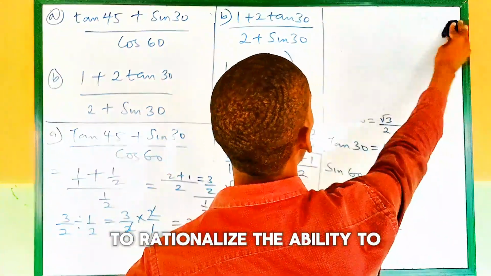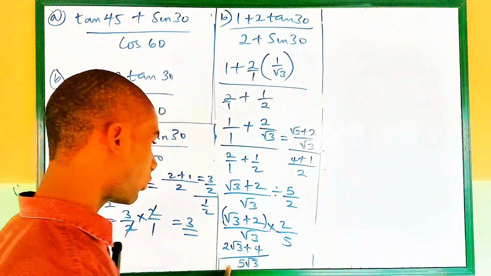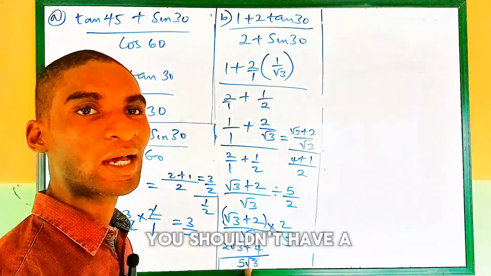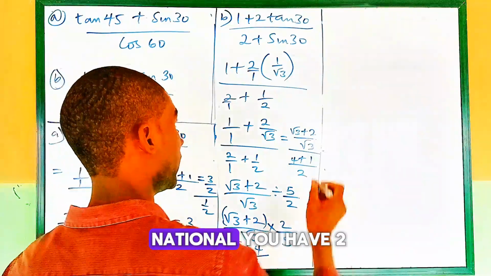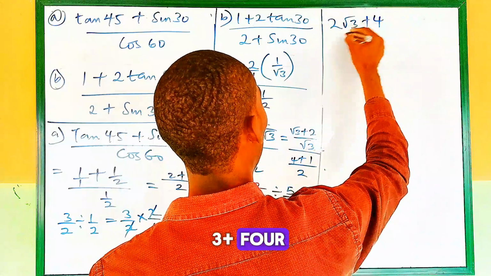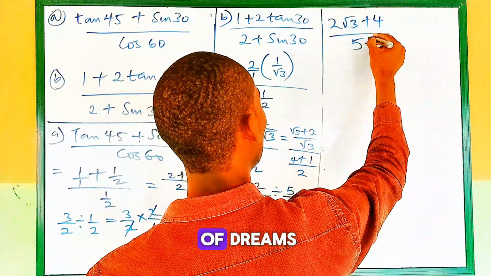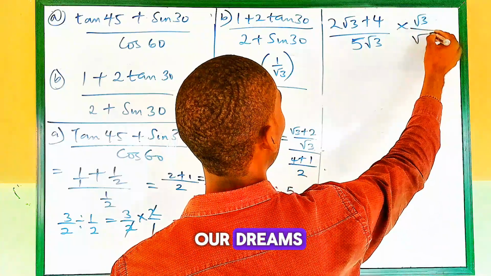To rationalize the denominator means when you are solving, you shouldn't have a square root as a denominator. So let's try to rationalize. You have 2 root 3 plus 4 divided by 5 root 3. So you multiply by root 3 over root 3.